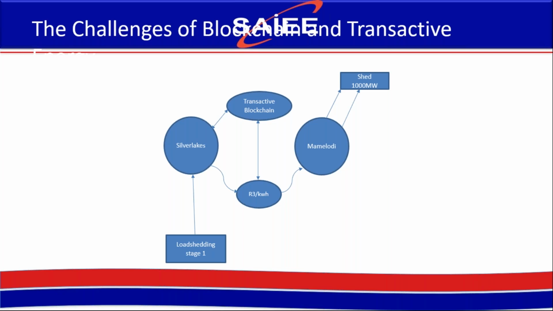And then this guy says, we are willing to give you 3 rand per kilowatt, for example. Remember, this is democracy. That price can change. The people in Mamelodi can say, no, you guys are from Silver Lakes, we want 10 rand per kilowatt hour. And then the people of Silver Lakes, because they have money, say, okay, fine, 10 rand is fine. And let the people in Mamelodi shed that 1,000 on their own willingly, and everything goes well.